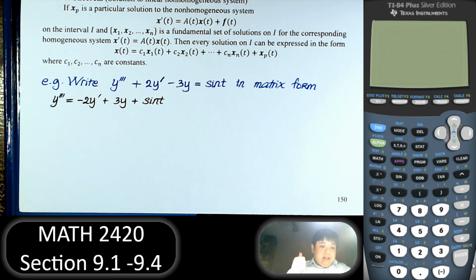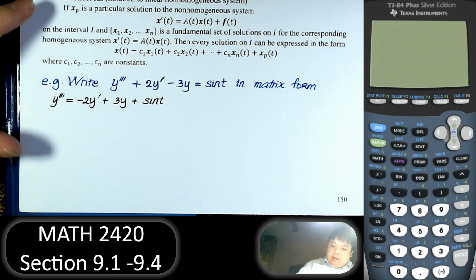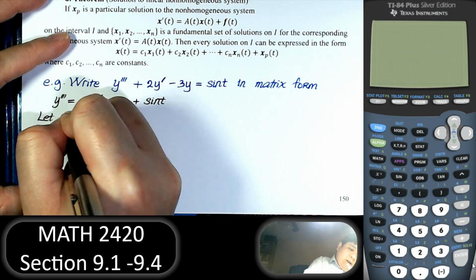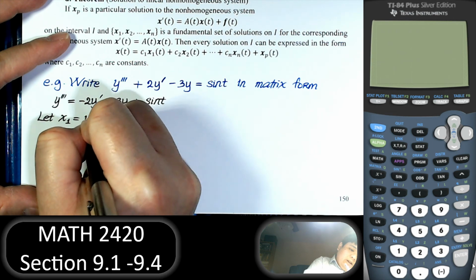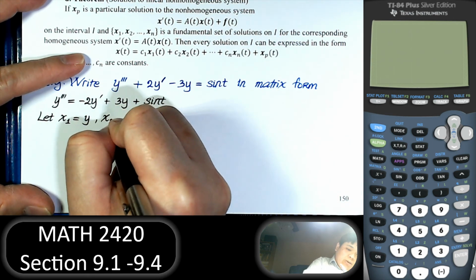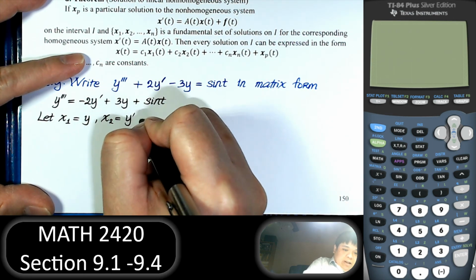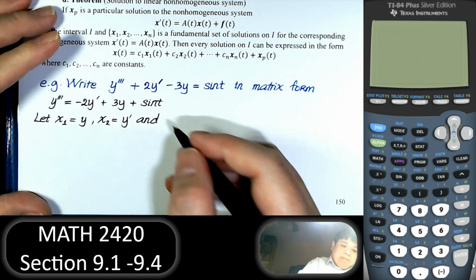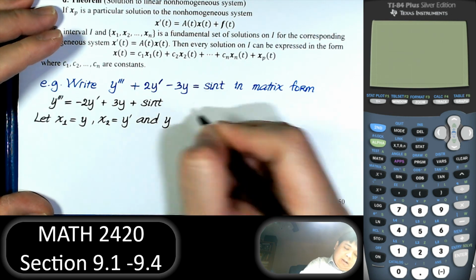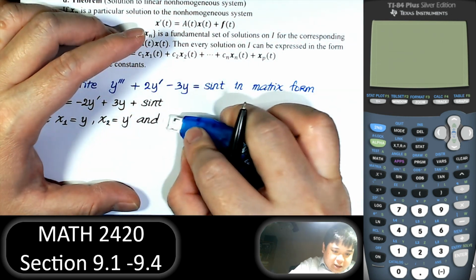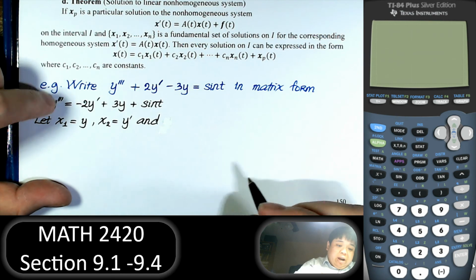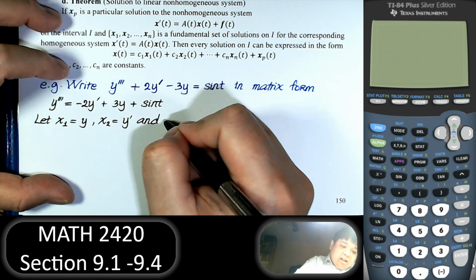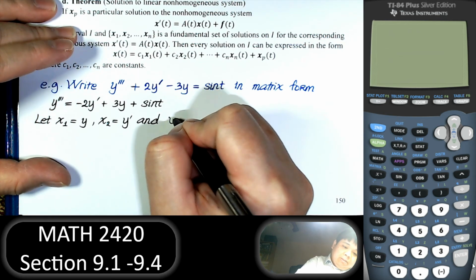So we're going to need 3 of them. We start with x1 as the function, x2 as the derivative, and we still need the second derivative, x3. Because the equation has a third derivative, we have to have everything of order less than that, including the second derivative.